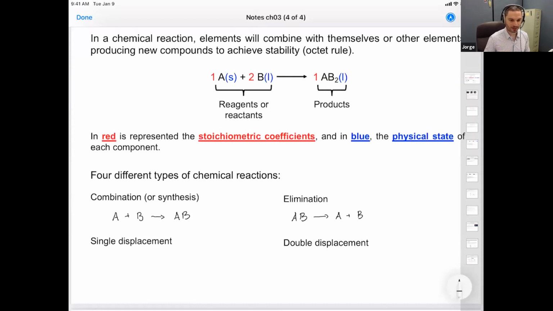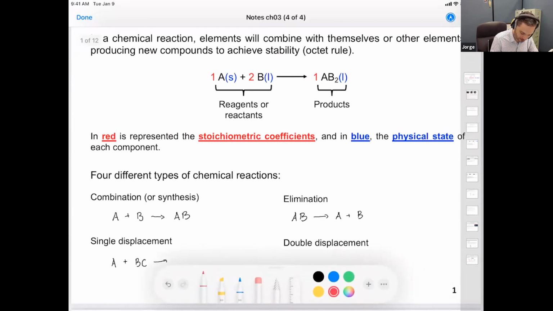Single displacement. In the case of single displacement, we are going to start with an element reacting with a compound.